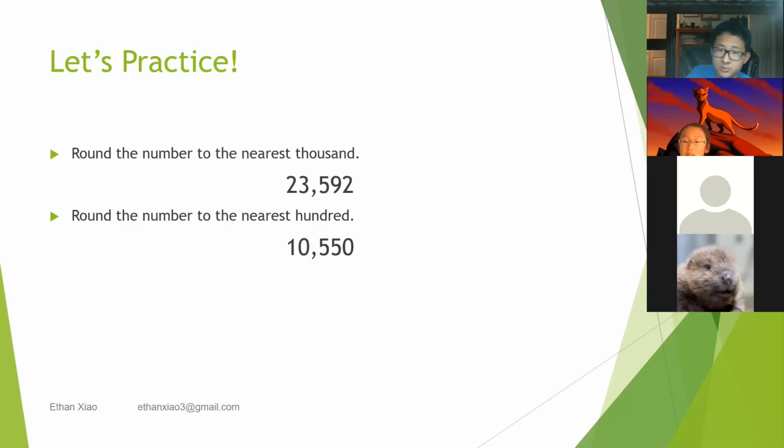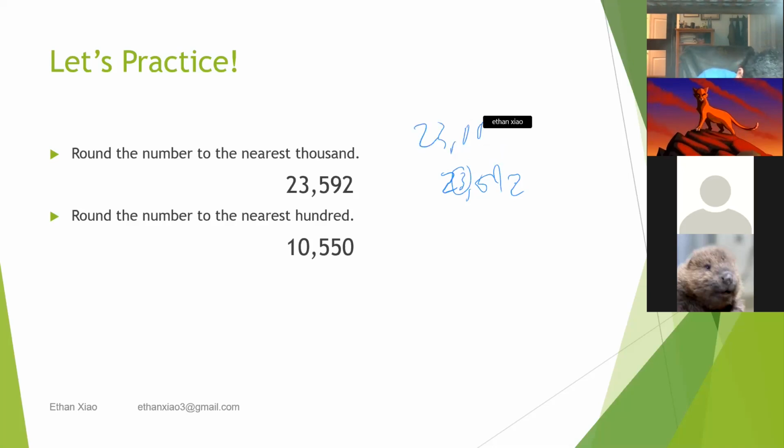All right, so you guys should be done with all of these problems by now. So for the first one, what I do is look at this number, 23,592. So I look at the thousands digit, which is 3, and I find the two closest multiples of 1,000, which is 23,000 and 24,000.